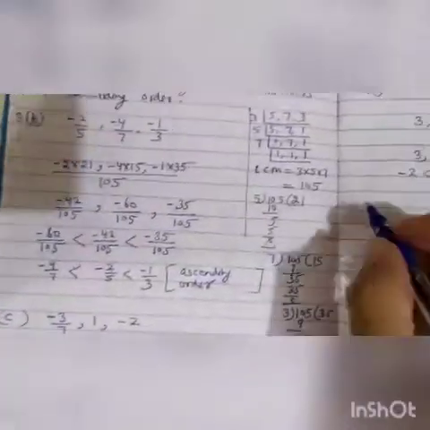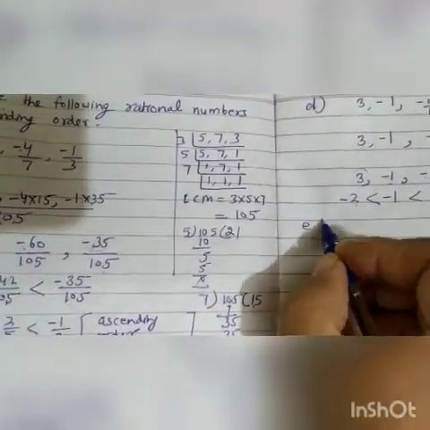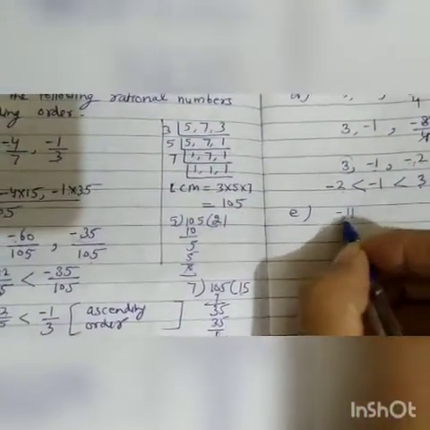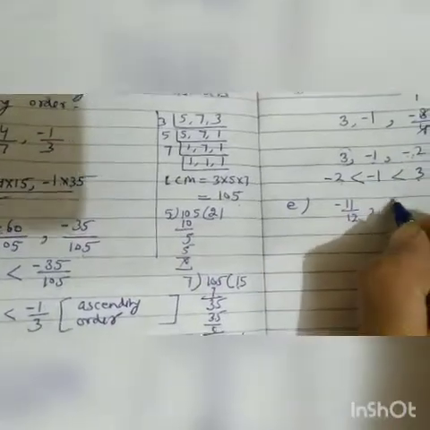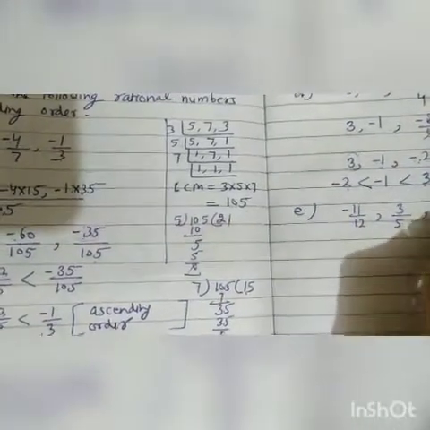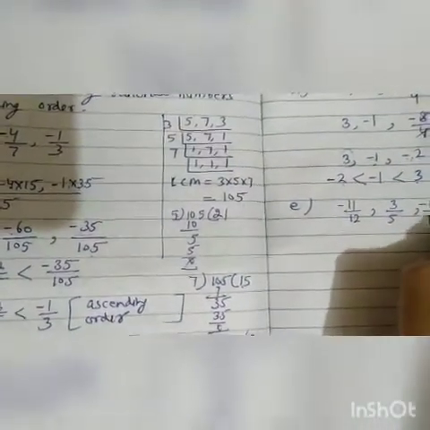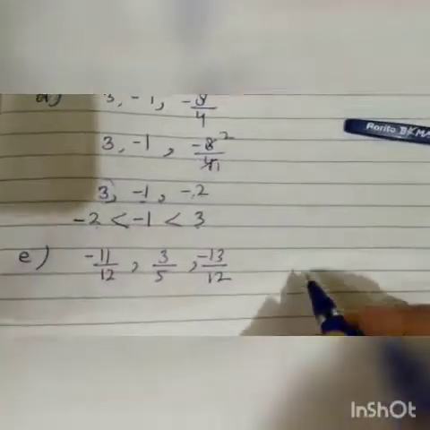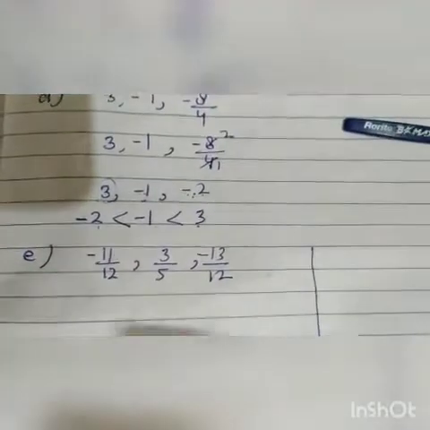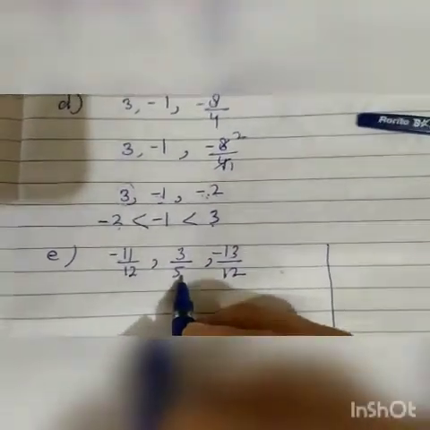Now E part. In E part, the question is minus 11 upon 12, then 3 upon 5 and then minus 13 upon 12. See here, again we will find the LCM of 12 and 5.